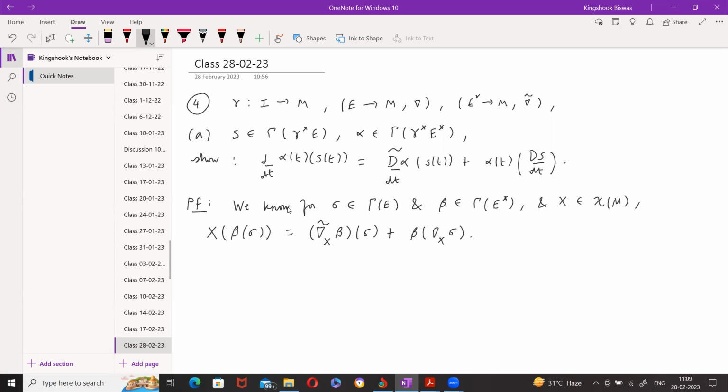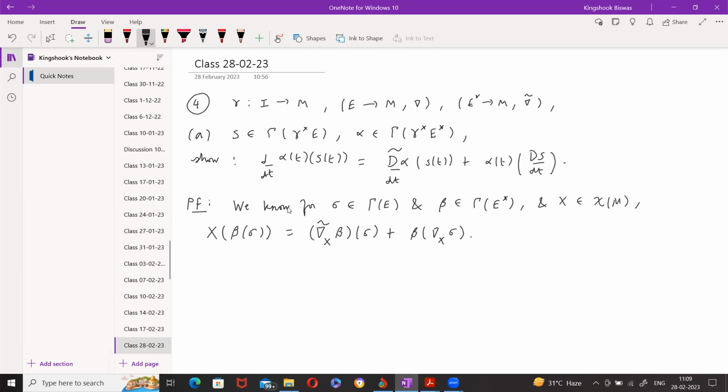The problem with that is that the sections along curves are not in general given by restricting a section on the manifold to the curve. We talked about this earlier, right? This section S is not of the form sigma composed with gamma. And this section alpha is not of the form beta composed with gamma, even locally.